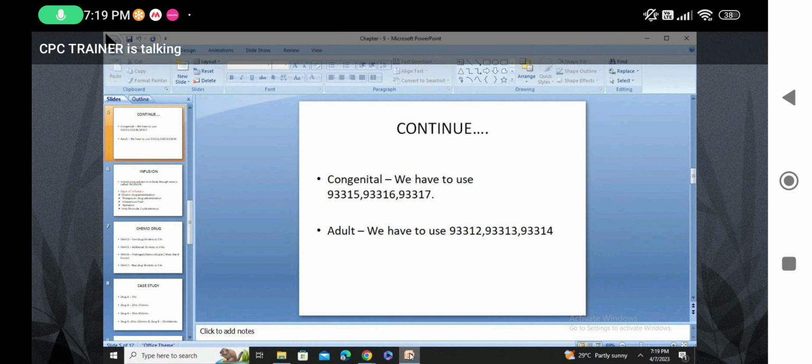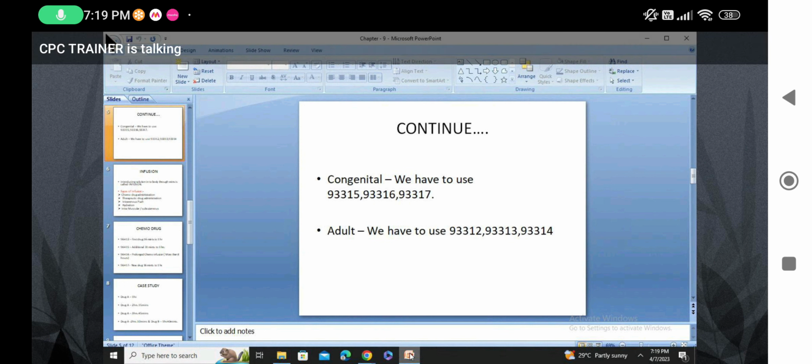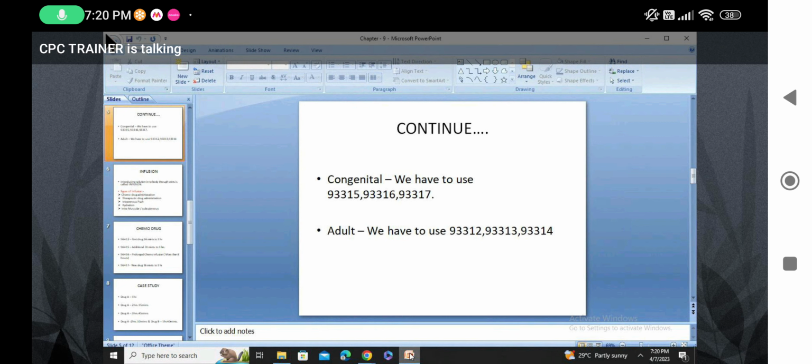Is that clear? So once again I repeat, guys: 93313 is TEE with probe placement, 93314 is TEE with interpretation and report, and 93312 is TEE with probe placement and the interpretation and report. This is a combo. That's why I said it last.